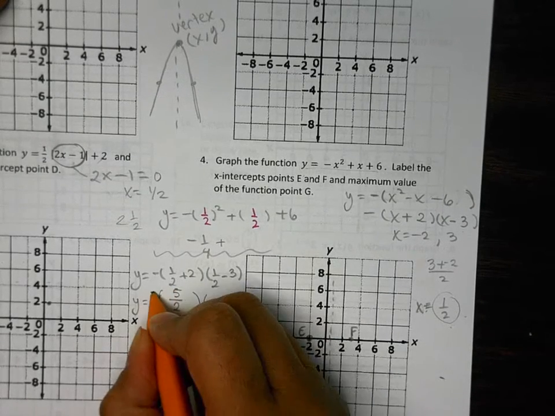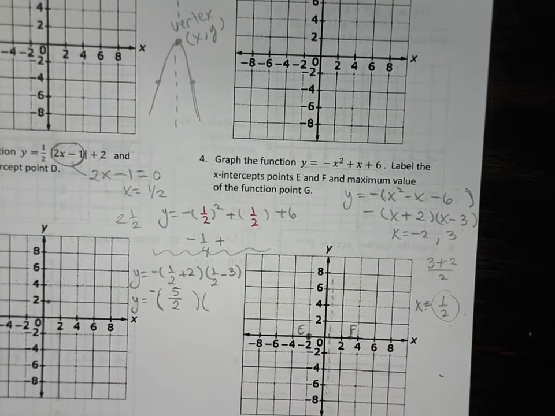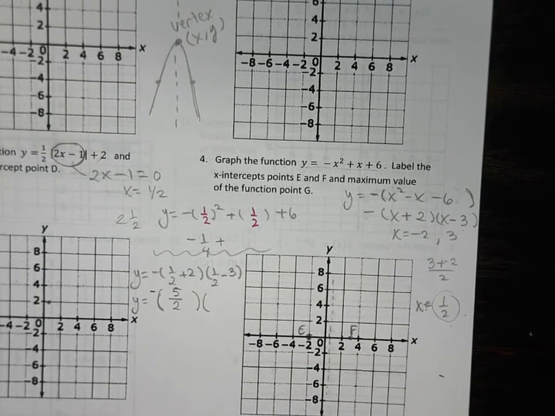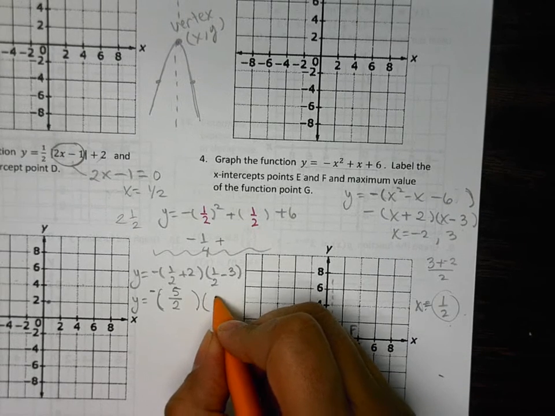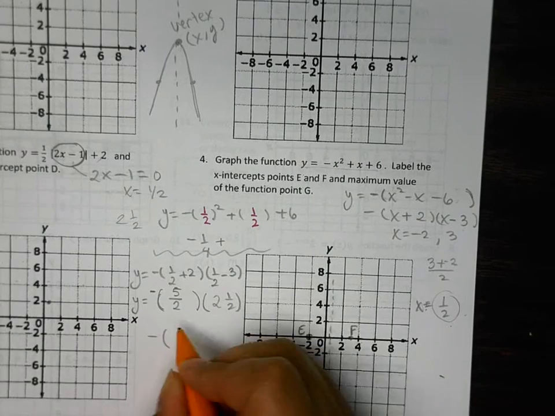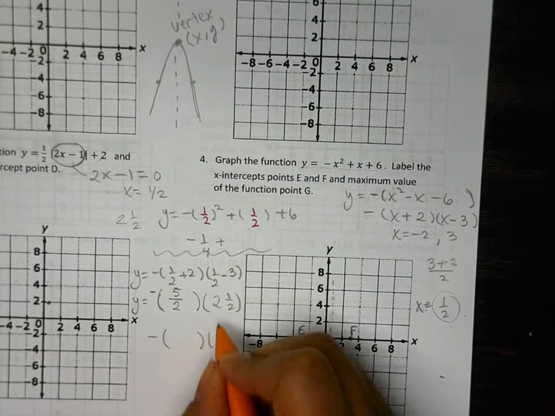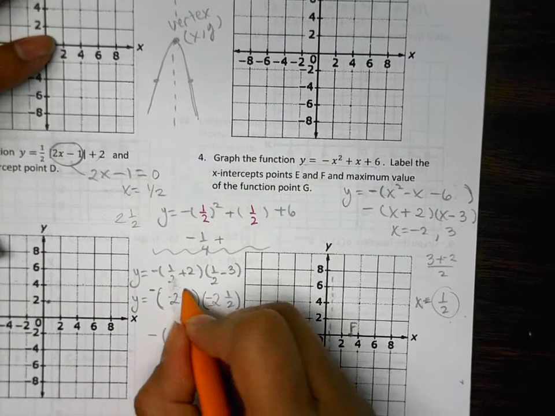And don't forget the negative still out there. 1/2 minus 3. Think of 3 minus 1/2. If you have 3 whole items and you take away half of one, you're left with what? 2.5. And positive or negative? Negative. I guess I could have left this one and just changed it at the end. So this was 2.5.